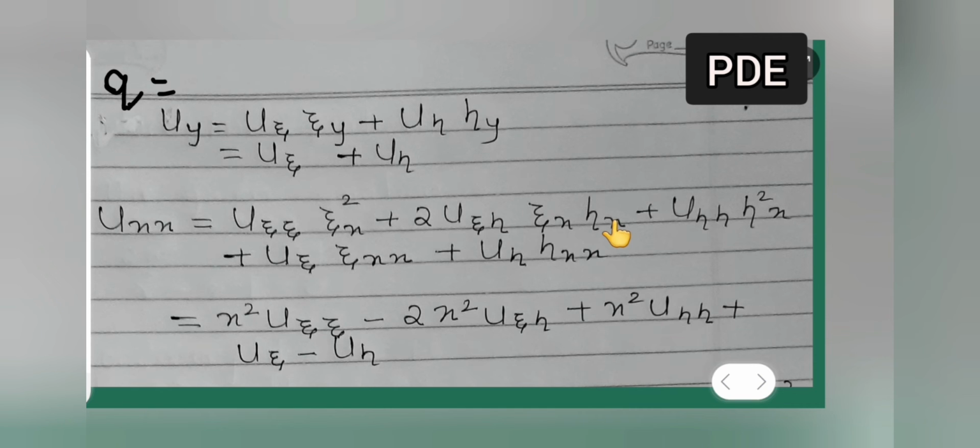So u_y is equal to u_xi into xi_y plus u_eta into eta_y.